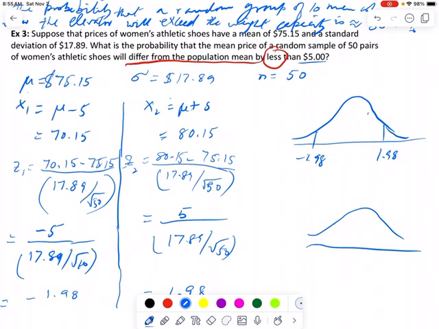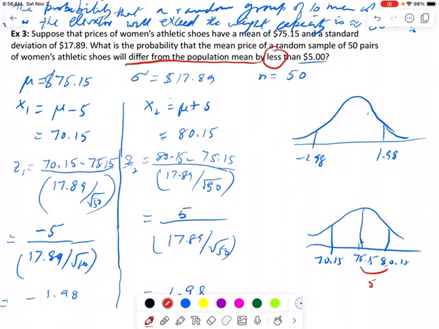If this is the mean, 75.15, and if this is the value, 80.15, and this is the value, 70.15. Now, for any value x, can you see the difference is 5 and the difference is 5?